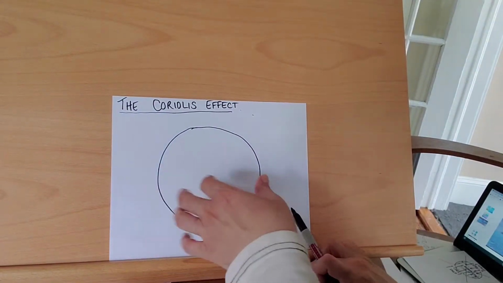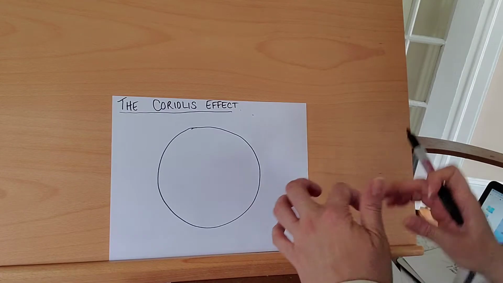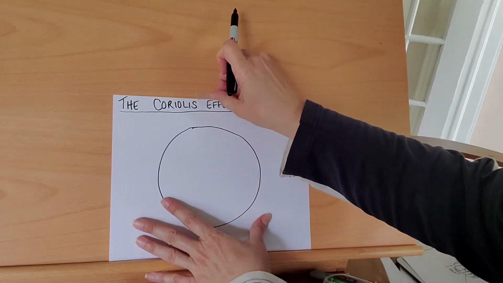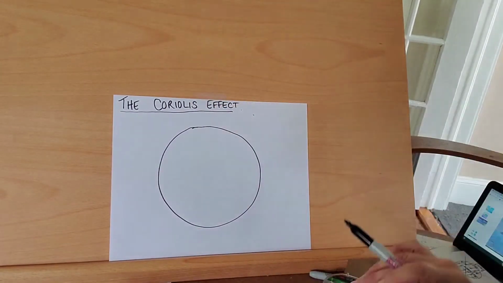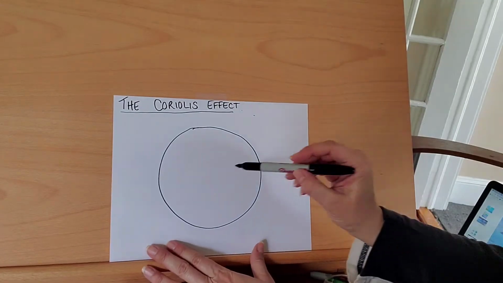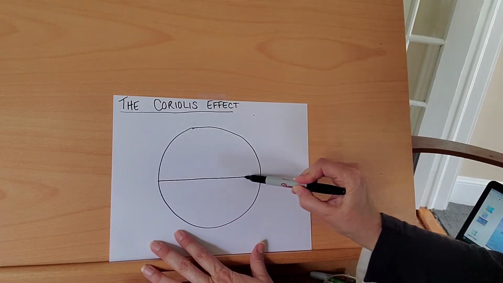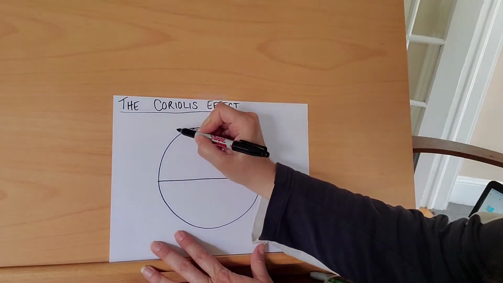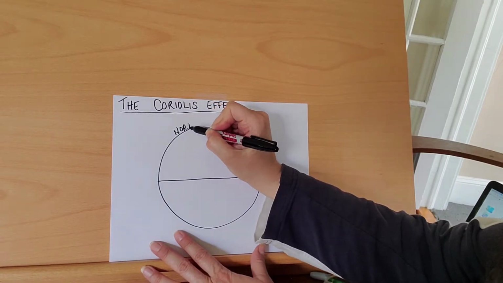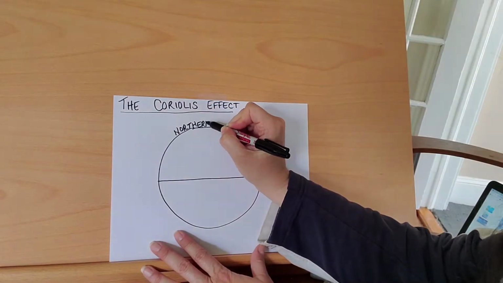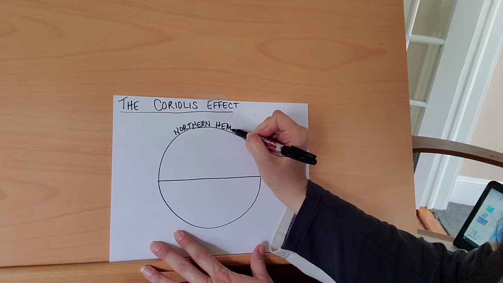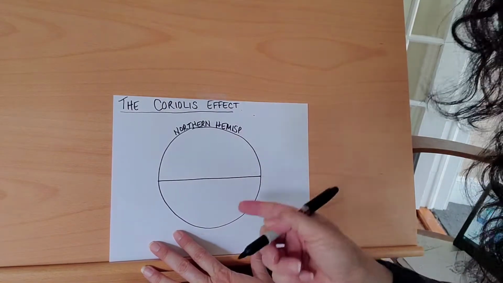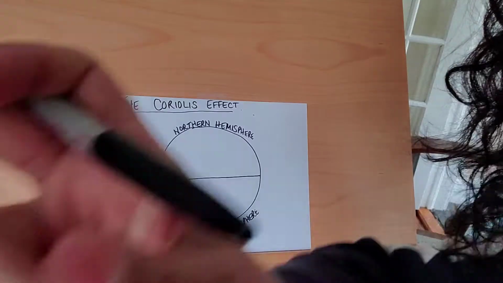This time we're going to make it a little bit bigger. You know what? Let me make this so that it doesn't move around. Okay. And I want you to draw the equator. And I want you to label that this is, of course, the northern hemisphere. And you are going to label the bottom the southern hemisphere.